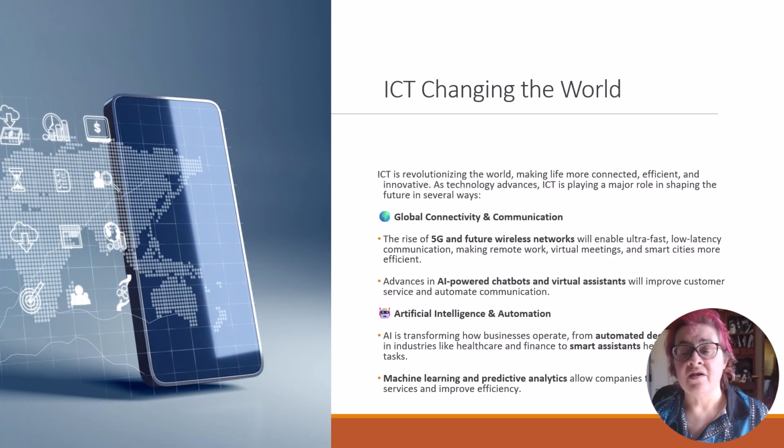So look, ICT is changing the world. Technology is overtaking this basically, but it's a good thing in a lot of ways. It's revolutionizing the world, making life more connected and more efficient, making a lot of things easier to do. For instance, I have a physical disability and find it hard to work, so I shop online.